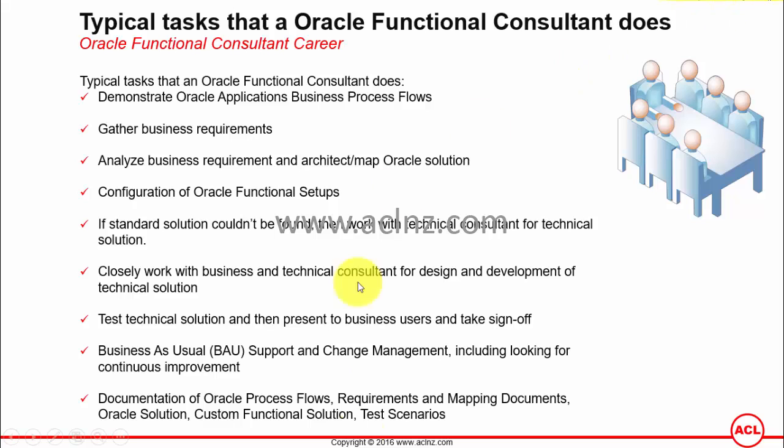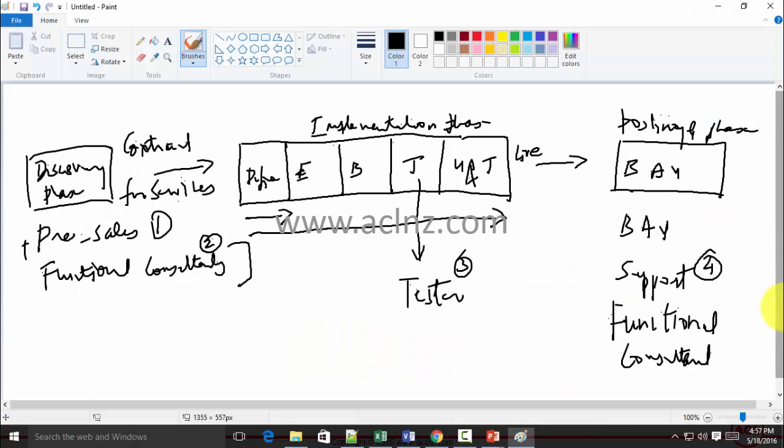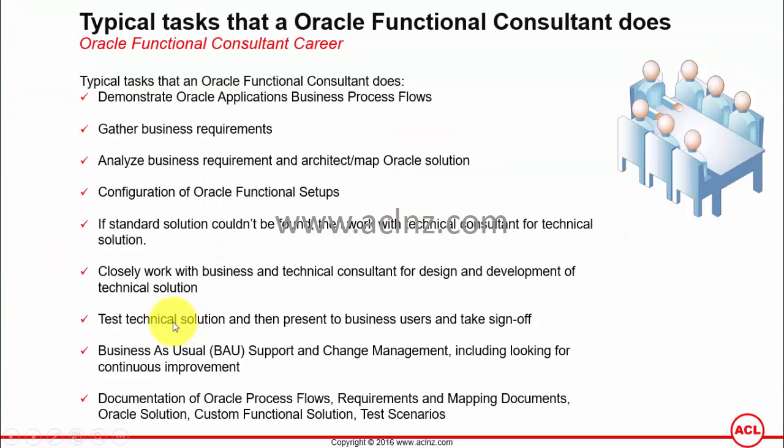So as a part of change management, this person can also work with a BAU support functional consultant and the implementation or delivery functional consultant to look after the changes that have to be brought into the next phase of the Oracle implementation project, including looking for continuous improvement.